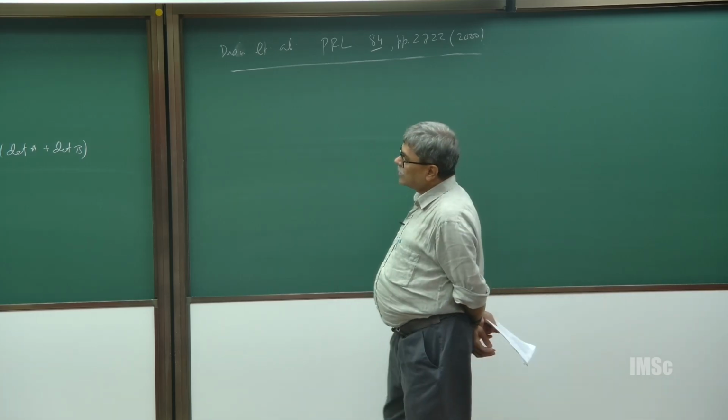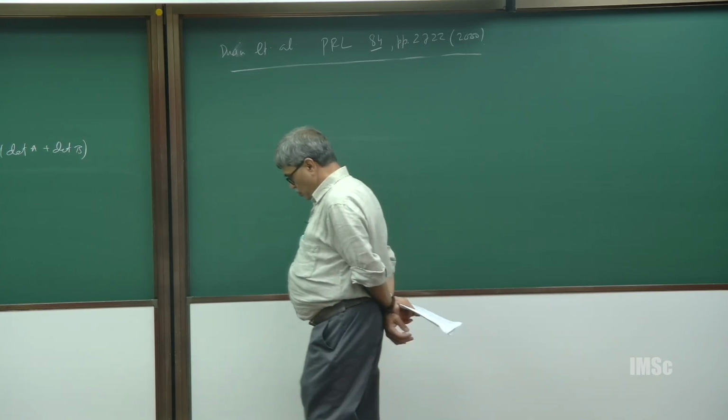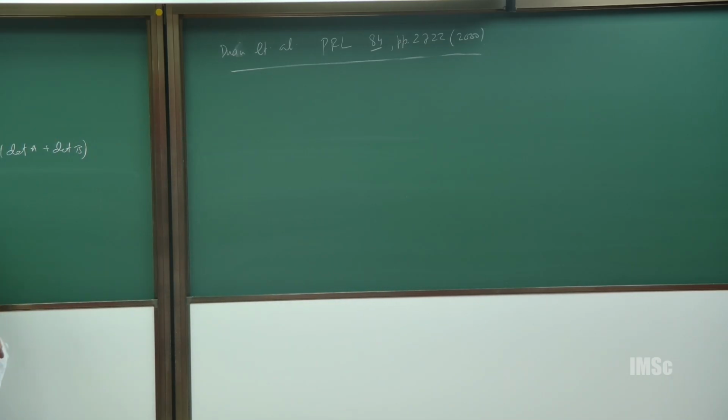Okay, so what we discussed last time about this universal detection is based on Simon's criterion. That works irrespective of whatever the two mode Gaussian state is. It may not be optimal, but still it works.